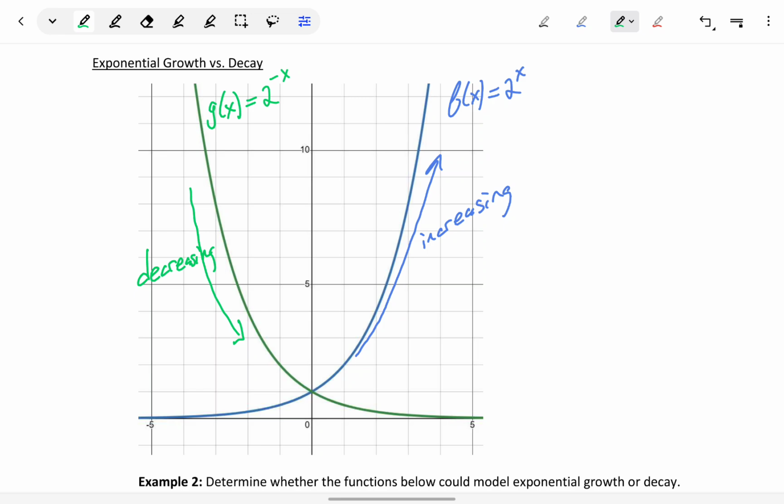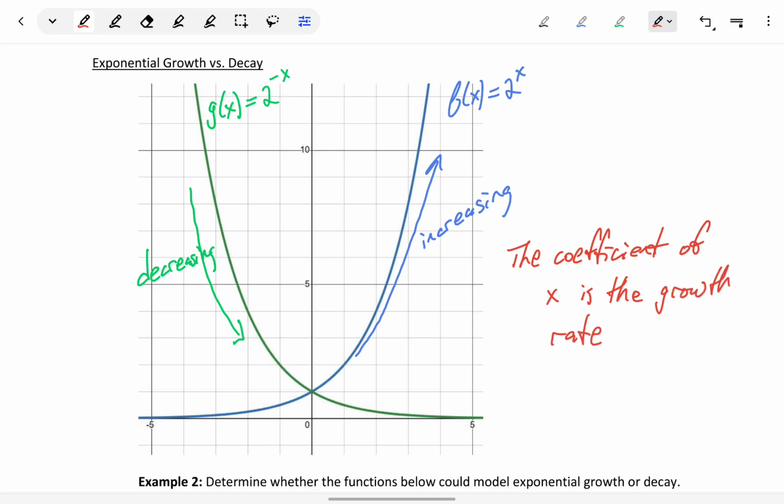So as it turns out, the coefficient of x in an exponential function is the growth rate for that exponential function.